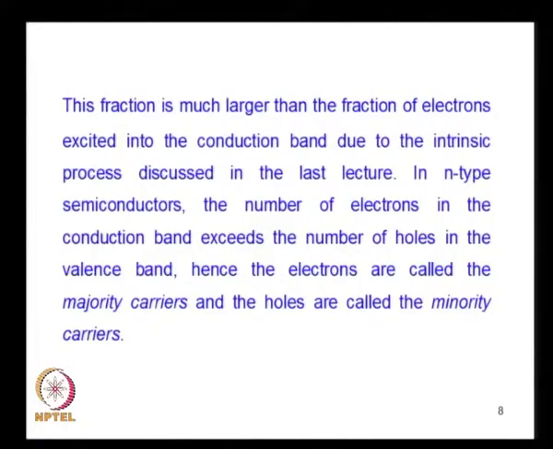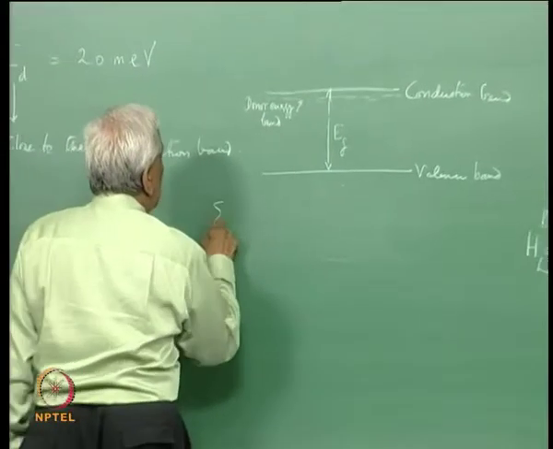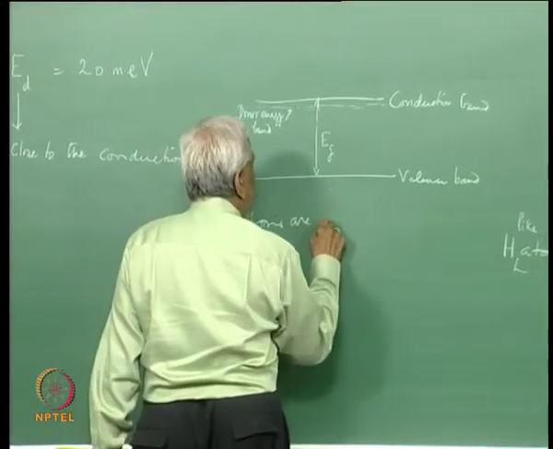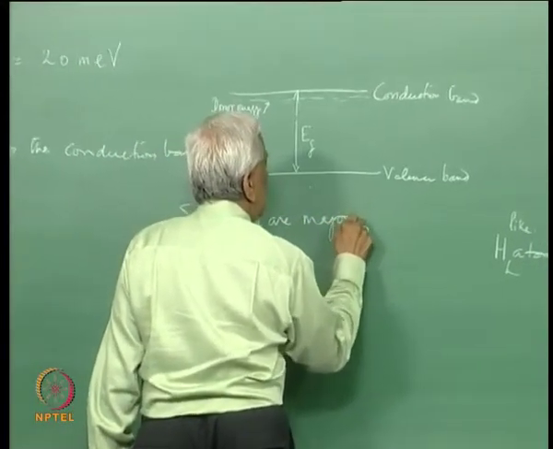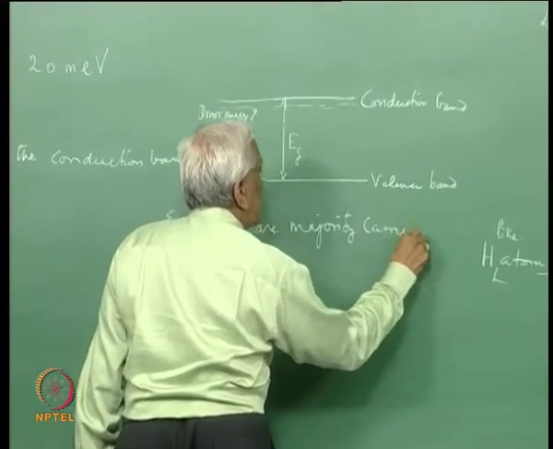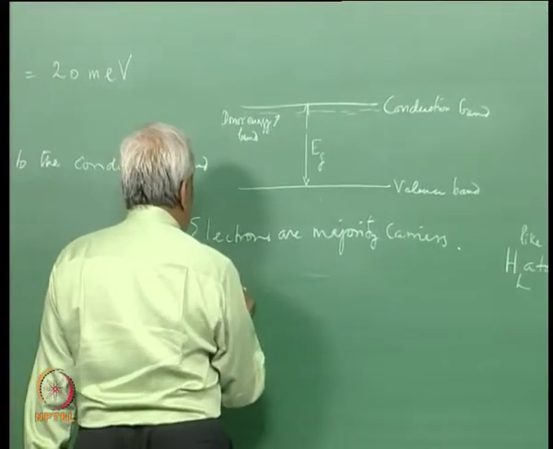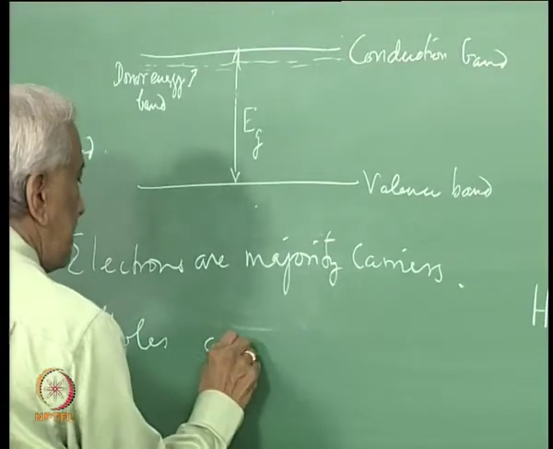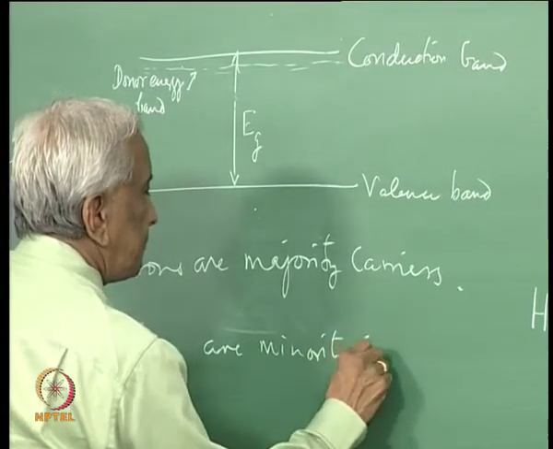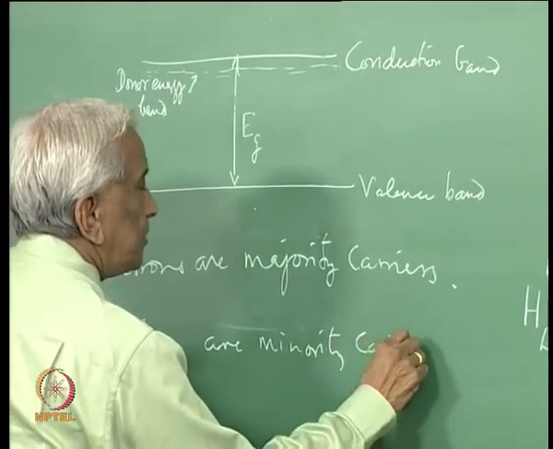These are due to the hole states in the valence band. So, the electrons from the donors are the so called majority carriers, because they are in very large numbers, whereas the holes from the valence band are minority carriers in an n-type semiconductor.